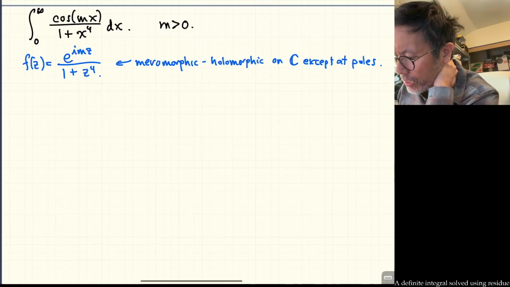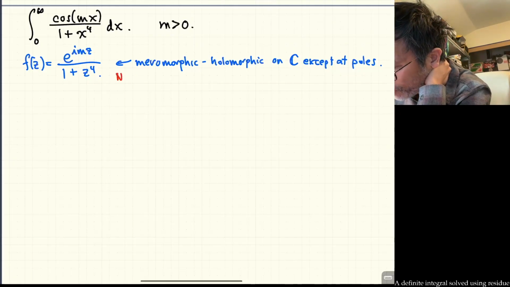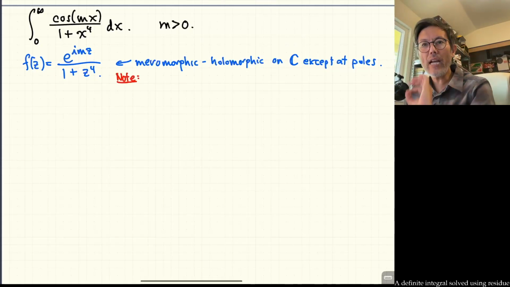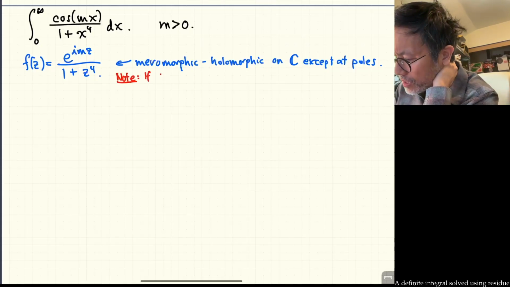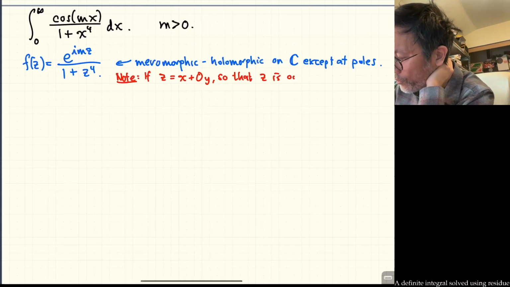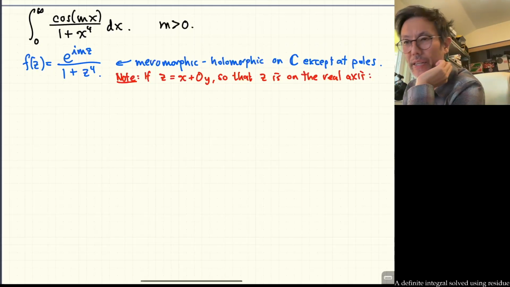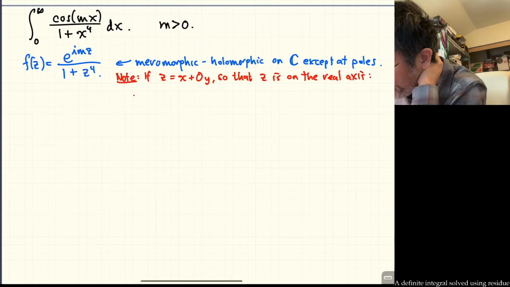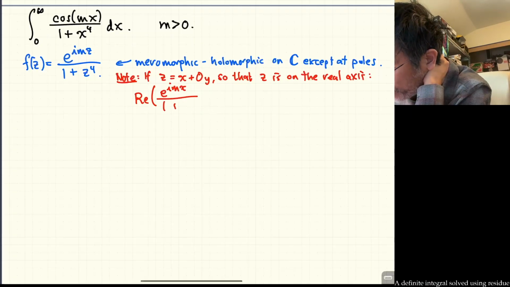Well, the observation that I want you to make is that if z happened to be real, if z is x plus 0 y, so that z is on the real axis, then the real part of f of z, the real part of e to the i mz, in fact, I'll write it as e to the i mx divided by 1 plus x to the fourth.